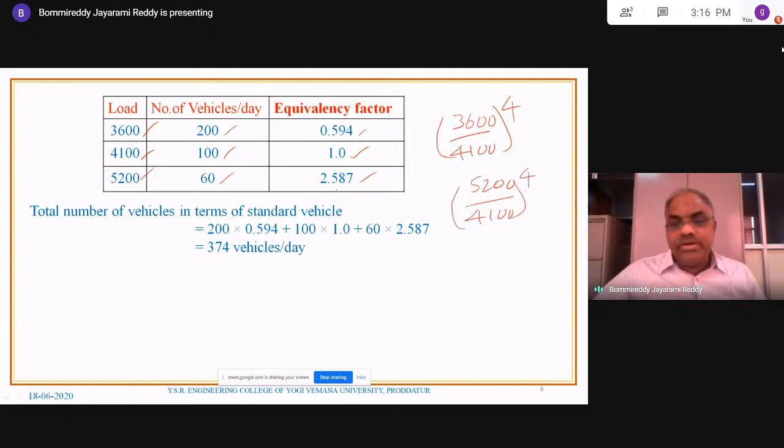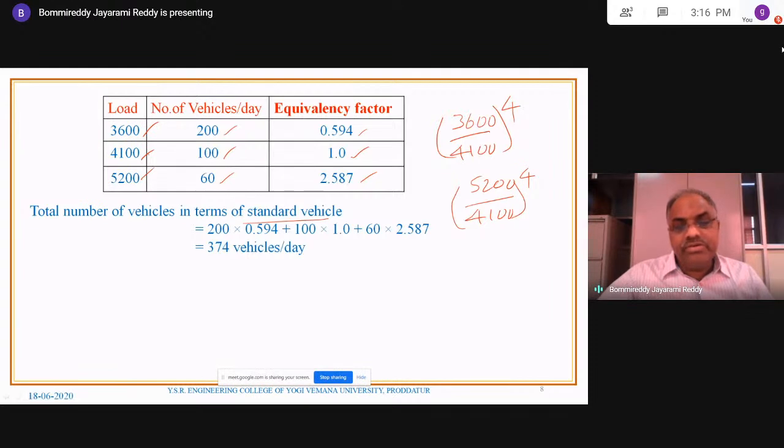That will be 2.587 times. So now, with different weights of wheel load vehicles passing, it is required to find how many equivalent standard vehicles are passing on the road. That means we are going to convert 3,600 kg wheel loads into 4,100.